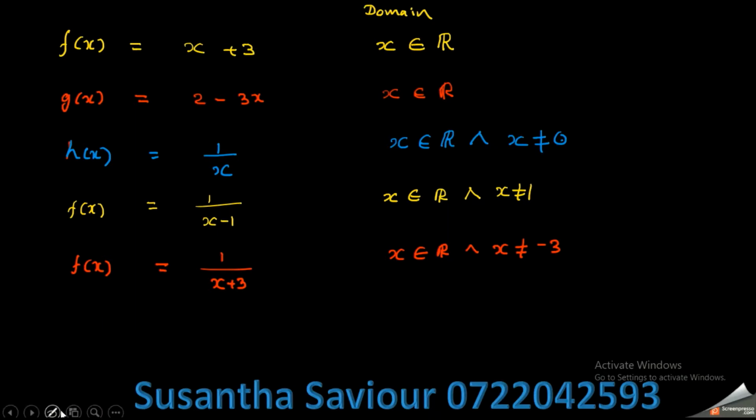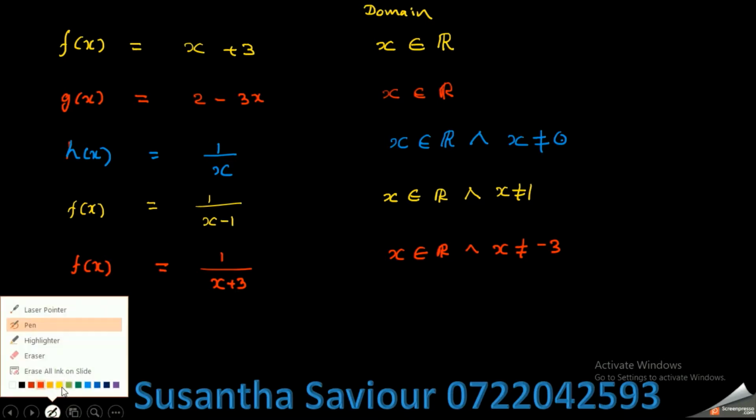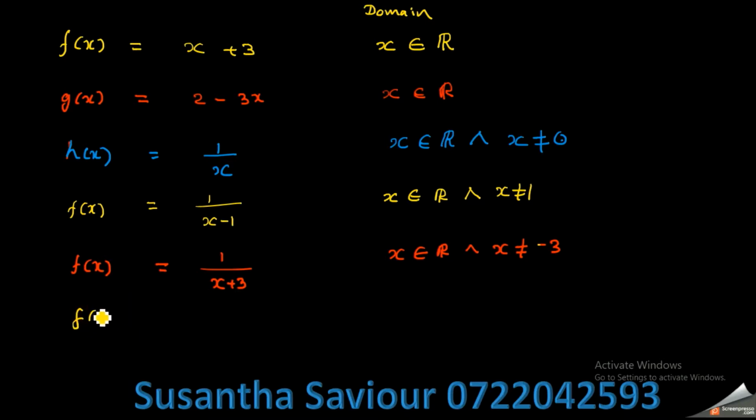So we will define another function which is similar to this. We will say f(x) is equal to 2 over x squared minus 4. What will happen in this case? When you look at it, x can take all the values, so we say x belongs to R as our domain. But when you closely inspect this, there are two particular values that cannot be taken here.